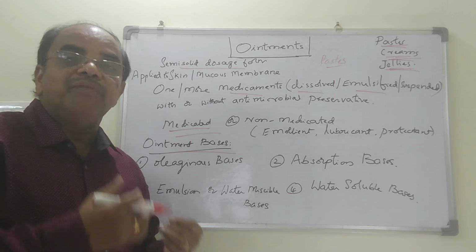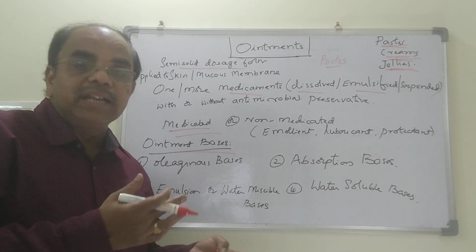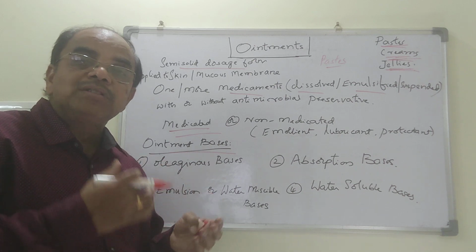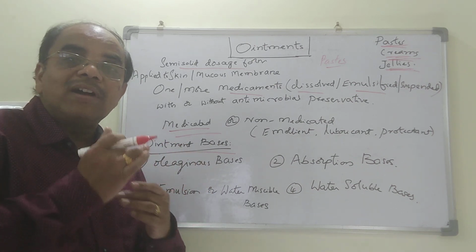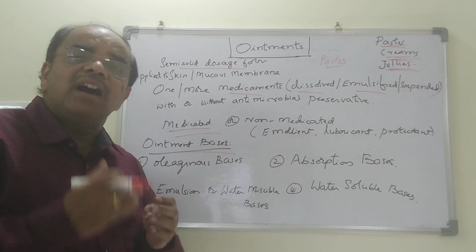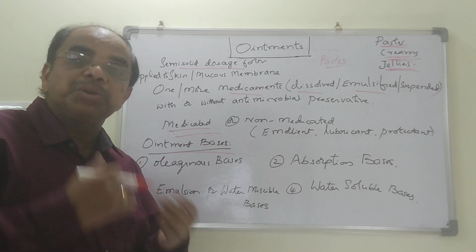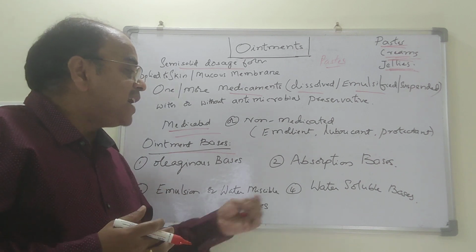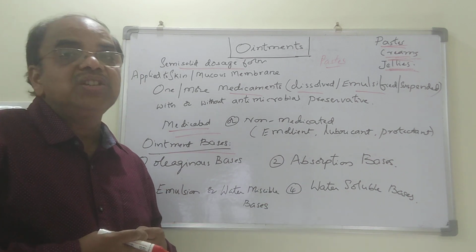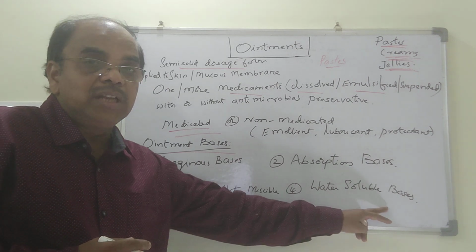PEG 200, 400, 600 are all in the liquid form. PEG 1500 is a viscous liquid. PEG 1540 is almost like a semi-solid. PEG 2000, 4000, 6000, all these are in the solid form. Like this, we have various PEG bases under the water soluble bases.